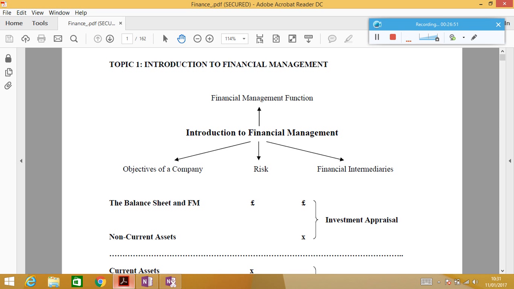Then the next option is unsecured, but unsecured also has a certain limitation and can reject. Then you go for mezzanine finance, junk loan. This is all very high interest, a different category. So that's about financial intermediaries. Now let's go into the next part.